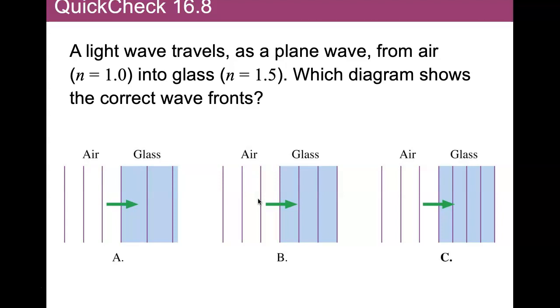So that means that lambda is v divided by f, and the frequency doesn't change as you go across an interface. v goes down, the speed goes down, so lambda must go down. And the distance between wavefronts is lambda, so in glass, we should have wavefronts that are closer to each other.